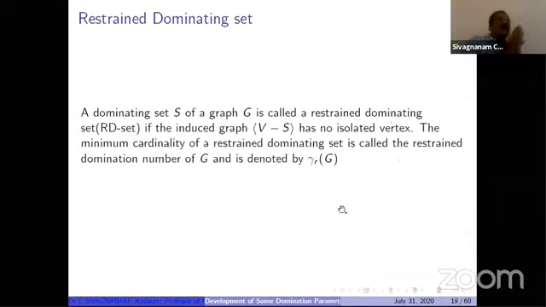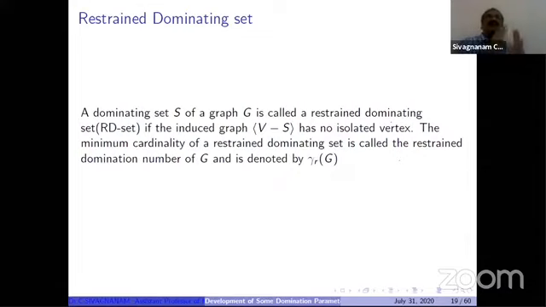So in all the previous definitions, we were imposing conditions on S. Similarly, we can impose conditions on the complement of S also. It is called V minus S. The first dominating set I told you, the independent dominating set, we are imposing the condition on S. The second is the connected dominating set, imposing the condition on S. The third one is the total dominating set, we are imposing the condition on S. Similarly, now we are imposing the condition on V minus S, the complement. So the same conditions: if the complement of S is an independent set, it is the independent complement, independent dominating set.